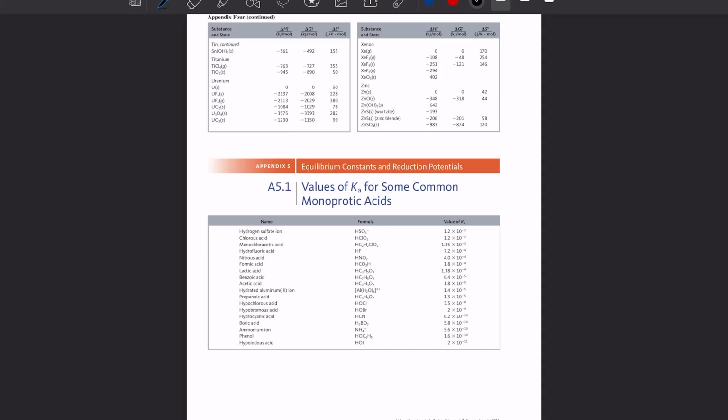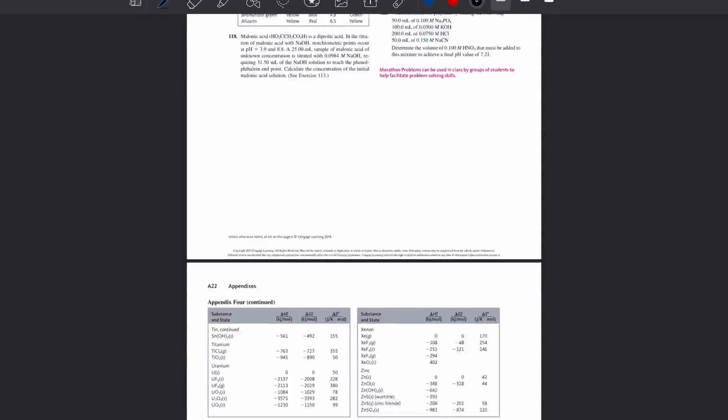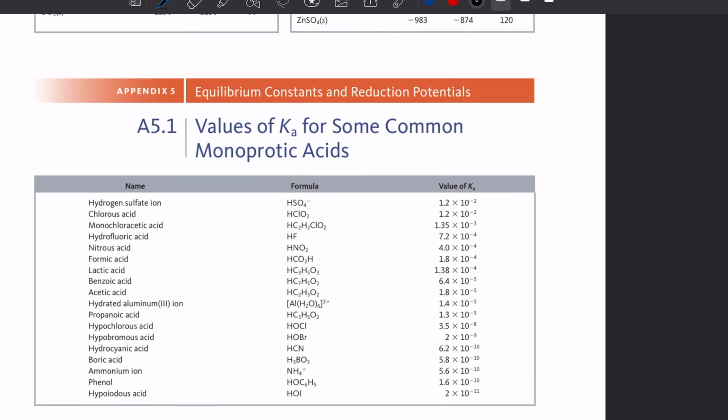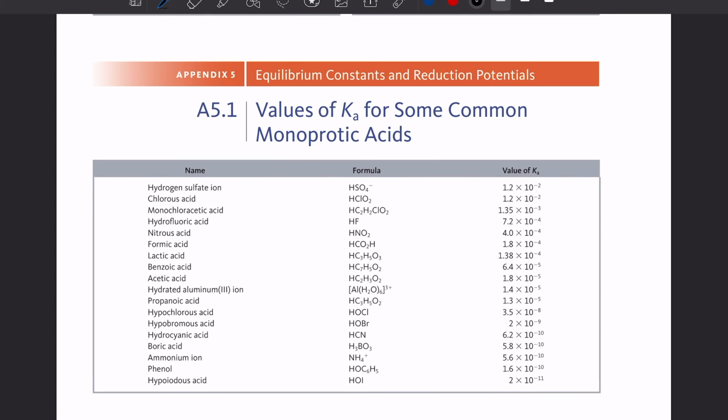I'm going to go over to my Zumdahl chapters, and on one of the last pages of the document that I gave you, there's a table of values of Ka for some common monoprotic acids. I'm looking for something around 5.0 times 10 to the minus 5, so it looks like benzoic acid would be a good choice.